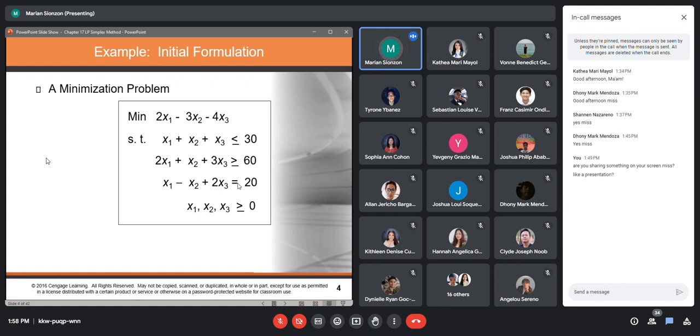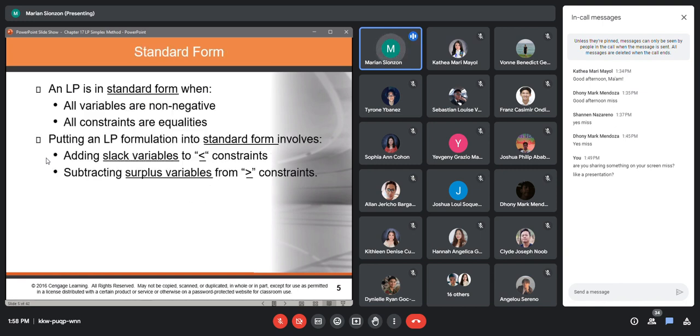And this will give us a chance to transform it into standard form. This is still the original linear programming problem. An LP is in standard form when all variables are non-negative and all constraints are equalities.